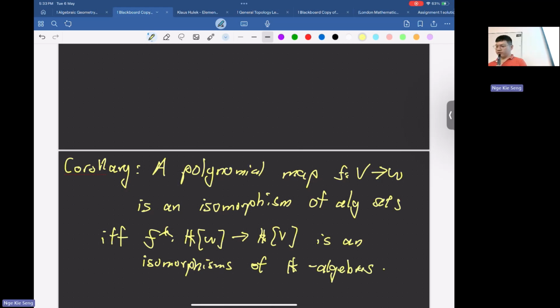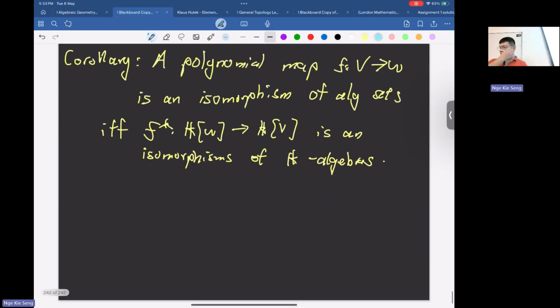Okay, so this proof is quite easy. How do you do it? We know that the identity on, let's say, K[W] is the induced identity on W. Let's say we are going from W. So g goes backward, no?